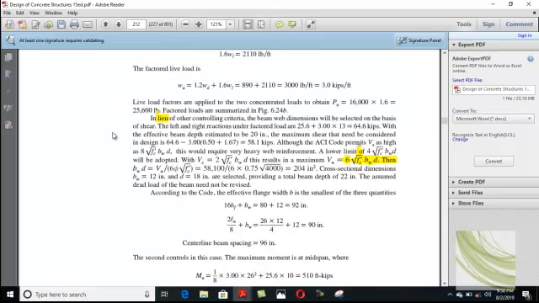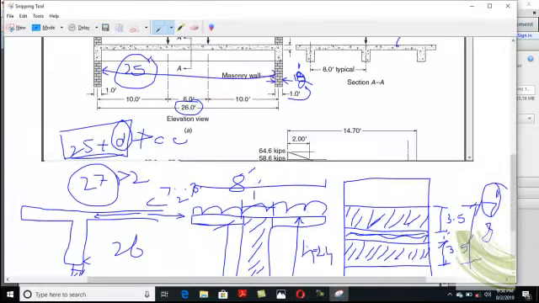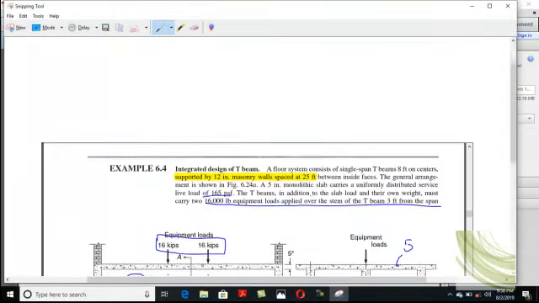In lieu of, or you can say instead of, other controlling criteria, the beam width dimensions will be selected on the basis of shear. Now, whenever you are selecting your beam dimensions, their width and their depth, you have three criteria. From those three criteria, you will select your beam width.